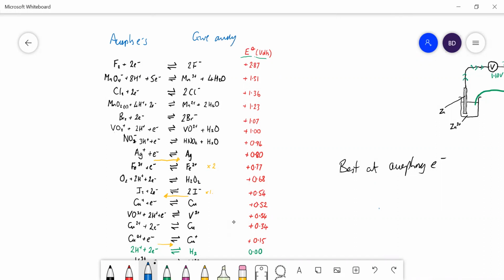All the species in that right-hand column give away electrons. What kind of things give away electrons? Well, they are reducing agents. What things accept electrons? They're oxidizing agents.